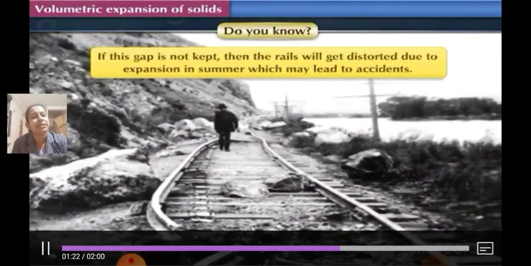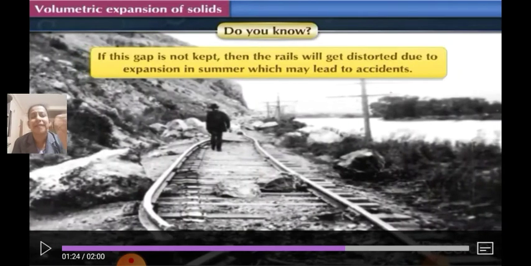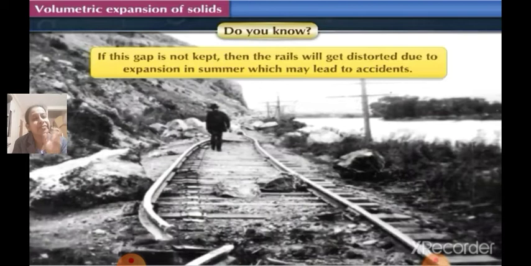Just now we have learnt about volumetric expansion, that is, when you increase the temperature of any three-dimensional object, it will expand on all the sides, and therefore its volume increases from V1 to V2 when the temperature is changed from T1 to T2.